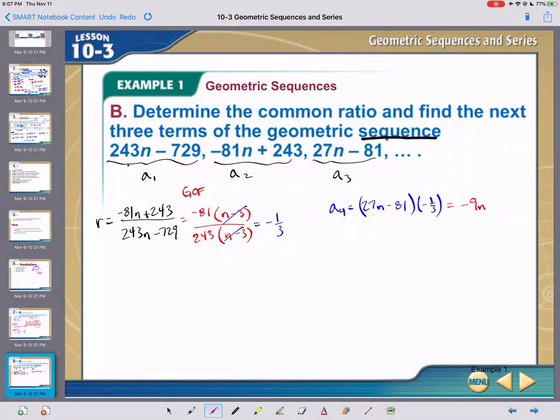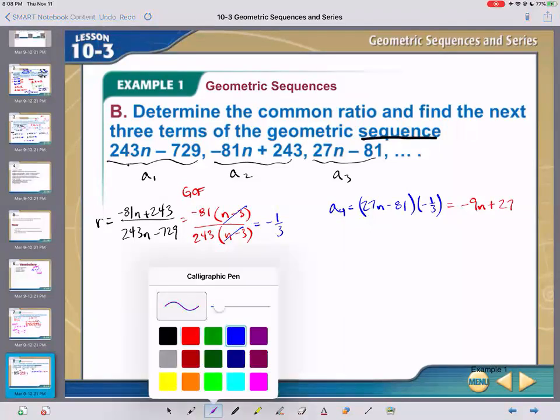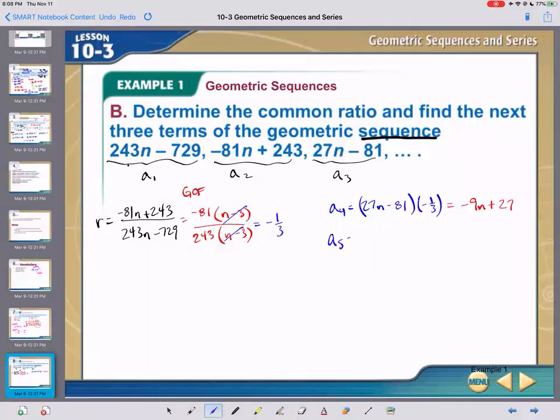There's the n there. And then the negative 81 multiplied times negative 1 would be a positive 81. Divide that by 3, we get a positive 27. So that's my fourth term. So to find the fifth term, I would take that value, negative 9n plus 27.